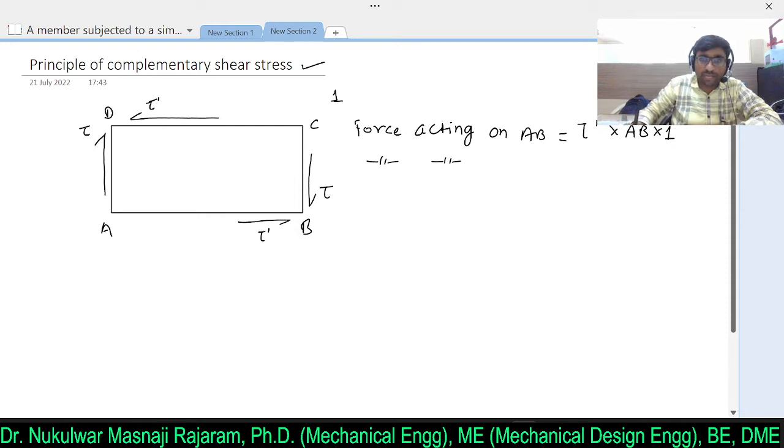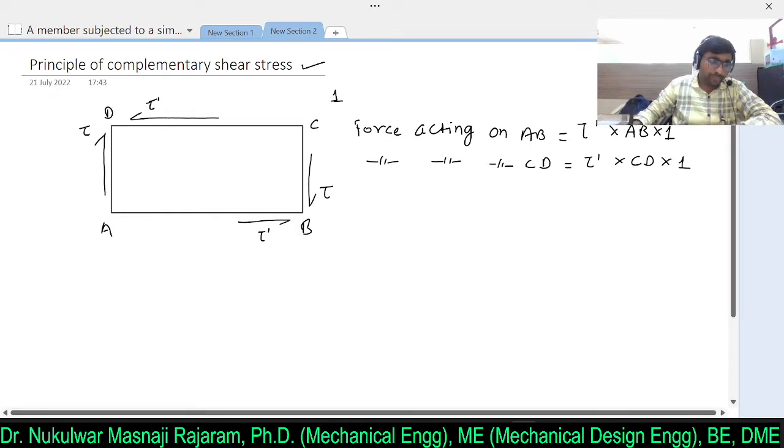So the force acting on CD will be equal to tau dash into CD into 1. As tau dash is similar and the lengths of AB and CD are similar, I can say that the force acting on AB is equal to the force acting on CD.